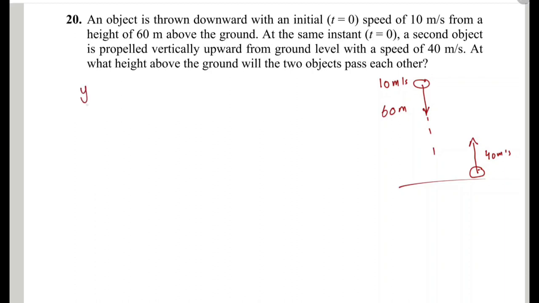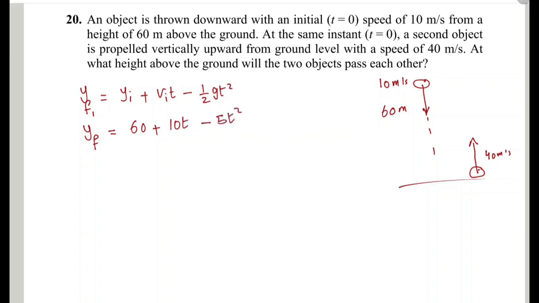So y final for object 1 equal to y initial plus v initial t minus half gt square, so y final equal to 60 plus 10t minus 5t square.